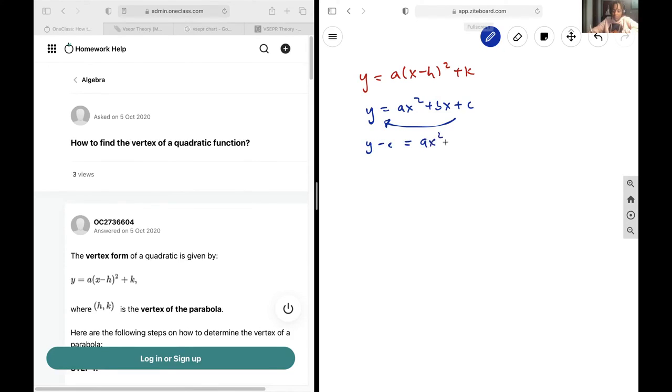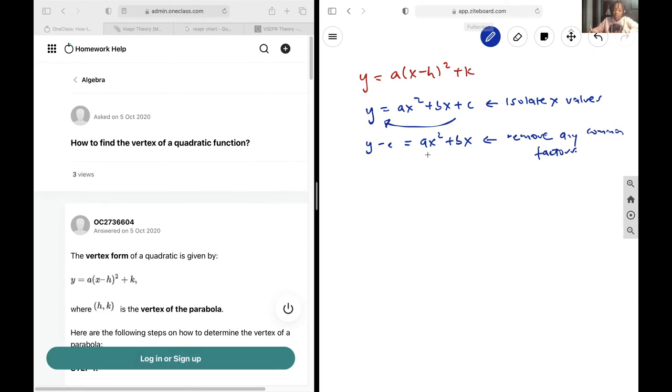So ax squared plus bx. Next up, we want to isolate x values. Next up, we want to remove any common factors. So let's say in this case we don't have any.